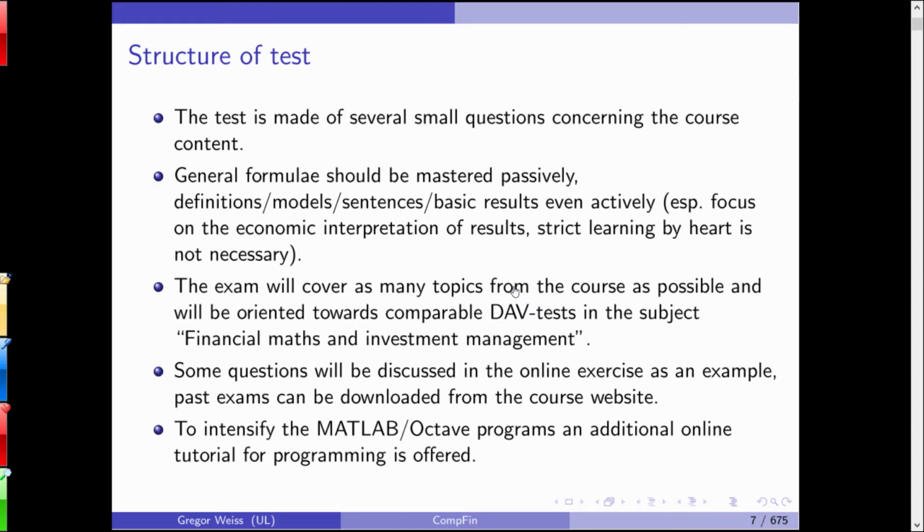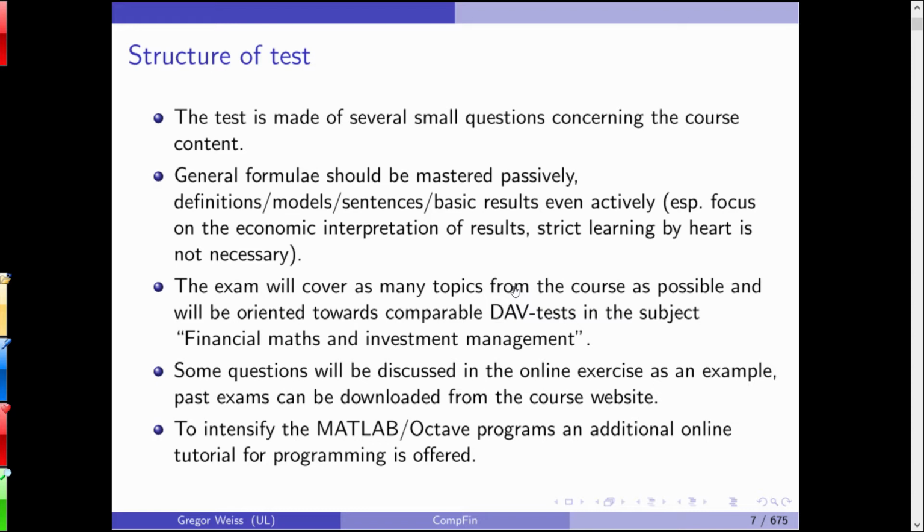And one was supposed to write everything one knew about the German system of health insurance, and you had no clue what was asked for. And the second problem was that if you hadn't learned about the health insurance system, you were screwed. So I'm trying to include as many small questions on all the subjects in the course as possible.